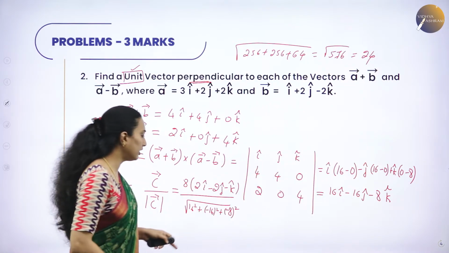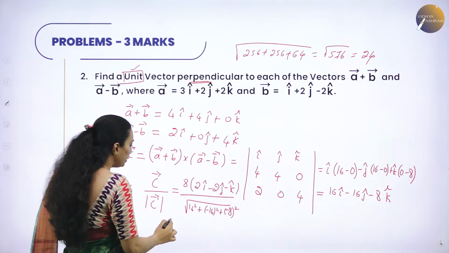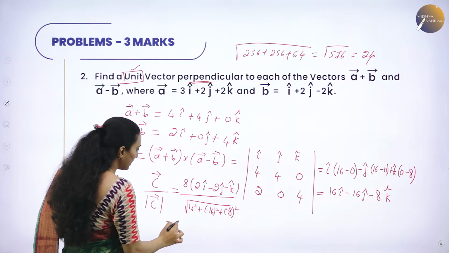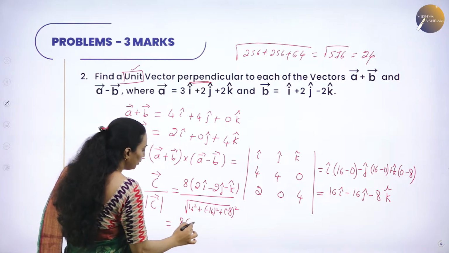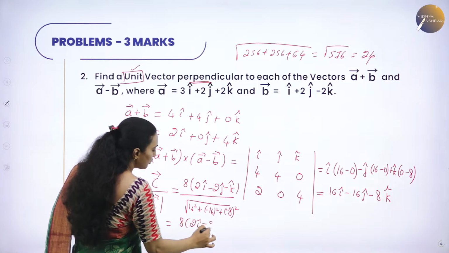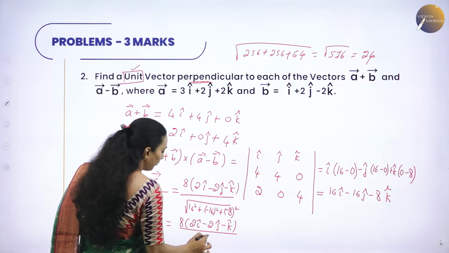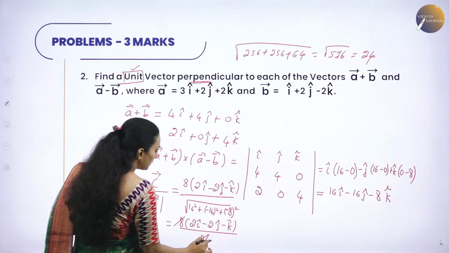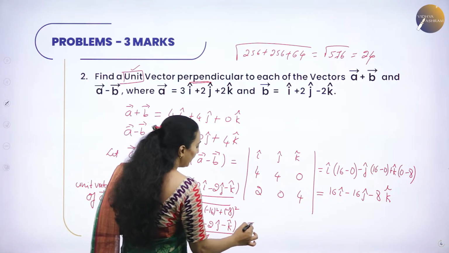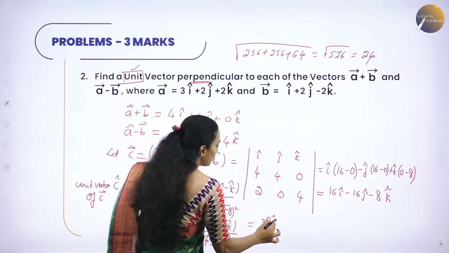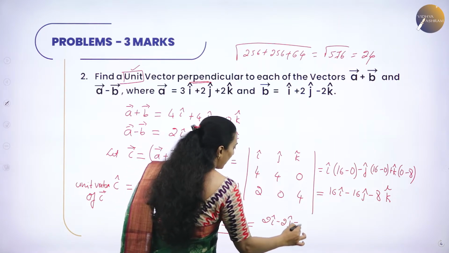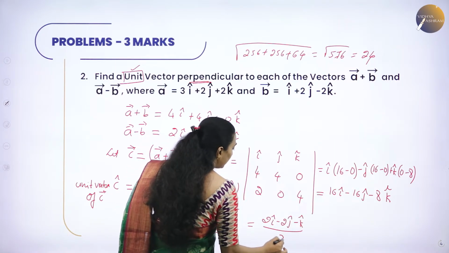So, writing the denominator as 24, you get 8 into (2i cap minus 2j cap minus k cap) divided by 24. You can divide: 8 ones are 8, 8 threes are 24. So the final answer you are going to get is (2i minus 2j minus k) divided by 3.